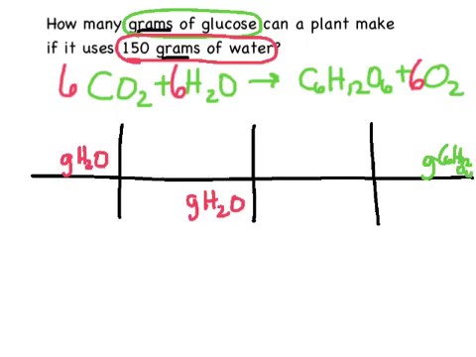Okay, so we have to go from grams of water to moles of water first. You always have to go to moles of what you're talking about before you can even start comparing.